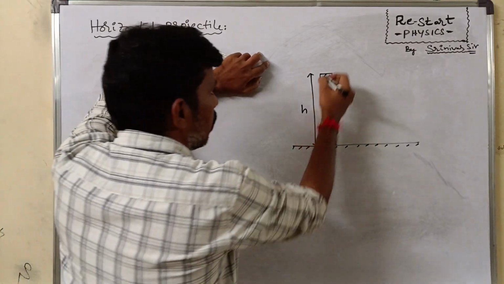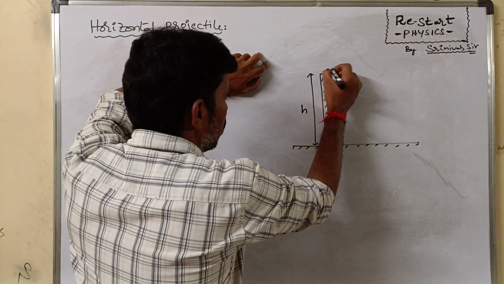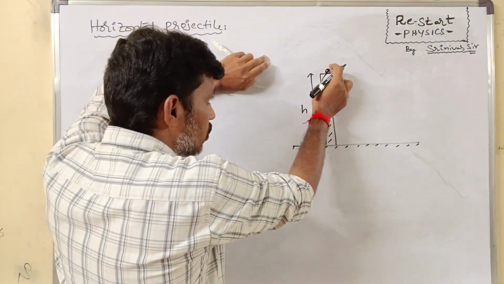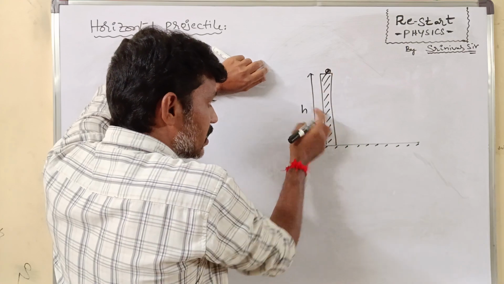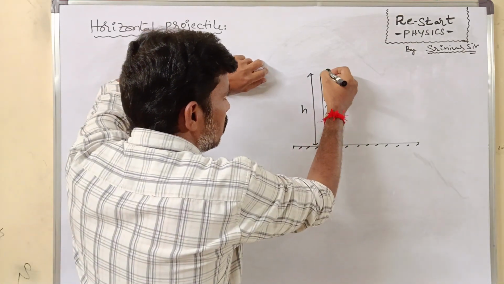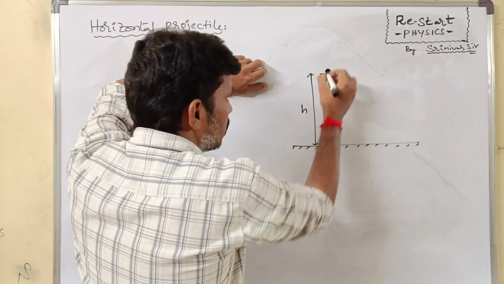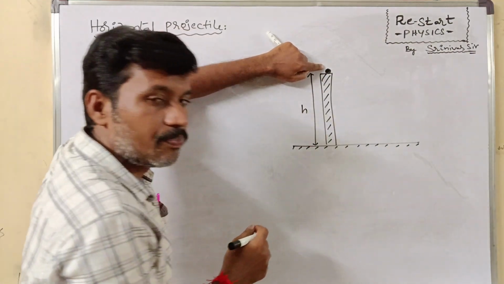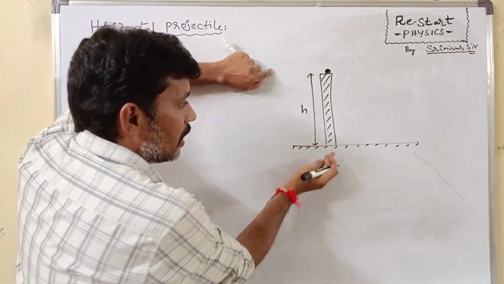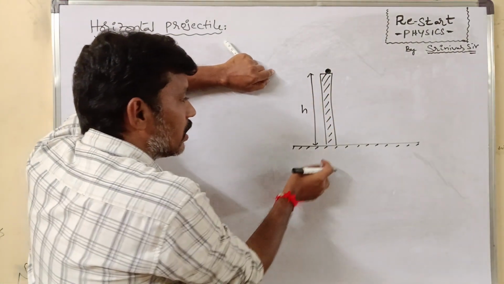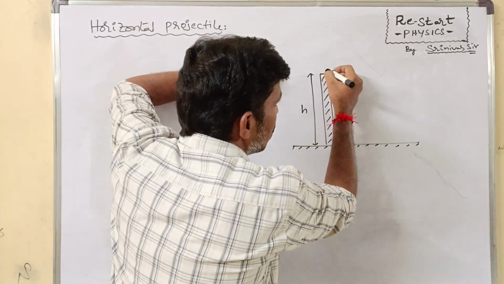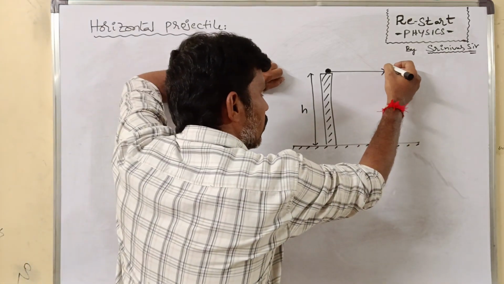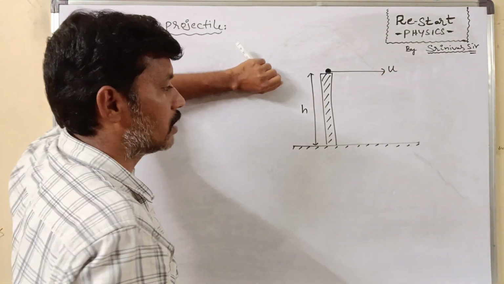Any body projected from this height, or projected from this point which is at a height h from the ground level. So this body is projected from this point, above the ground level, horizontally, with, let us take, an initial velocity u.